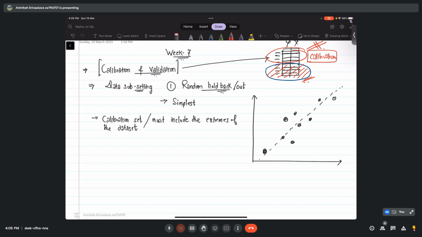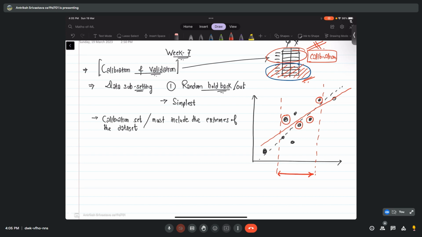So let's say I'm using these red ones for calibration. Now we'll get some kind of line using this model. But when we go for validation, this line was trained on the data set that is limited to this extent. So we can say it is good for predicting the response in this extent.